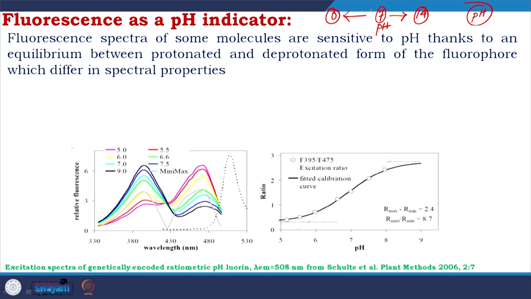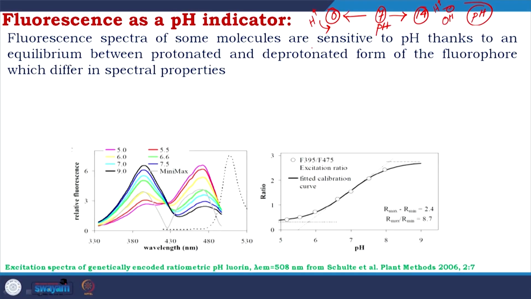When you increase the concentration of OH minus, it would increase, so it will take the proton. When you go there, H plus would increase, so you have the proton of the fluorophore intact.